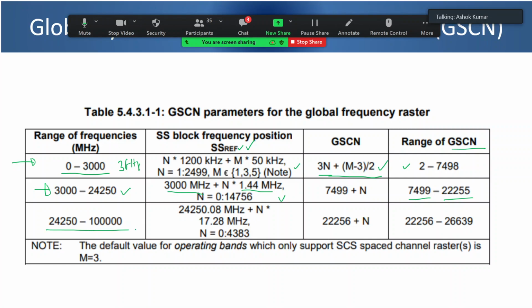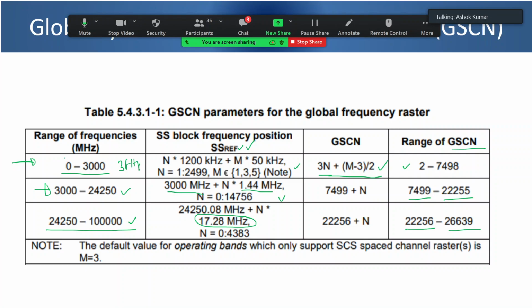And if you go beyond, from 24 gigahertz to 100 gigahertz, the step size is 17.28 megahertz. Starting from 24.25 gigahertz, every 17.28 megahertz you will have these SSREF frequencies, and those corresponding numbers will start from here and end up to this. So just see that step size.